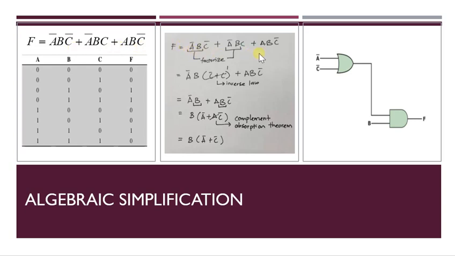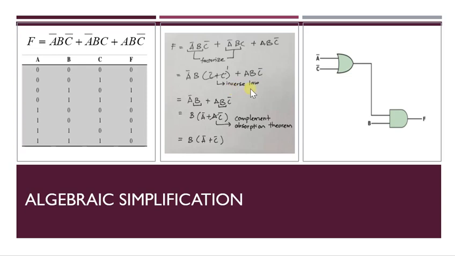So we write back this equation, and from it we can do some factorization. The first product term, A bar B C bar, and the second product term, A bar B C, can be factorized. It's going to be A bar B times (C bar or C), or A B C bar.